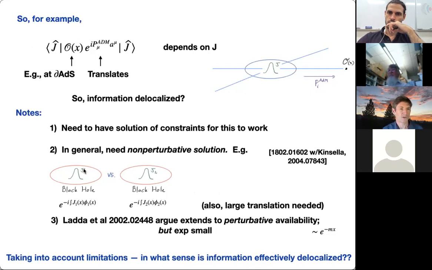And also, in order for this to work, say in AdS or in flat space, if you're working off at infinity, you need a large translation. And that also involves the non-perturbative structure of the constraints.